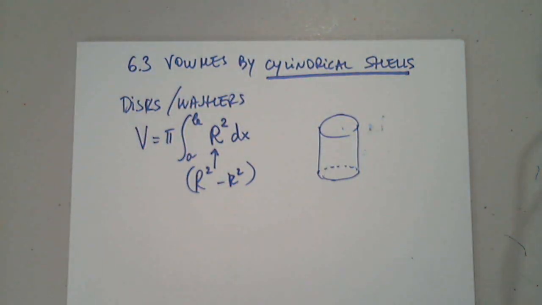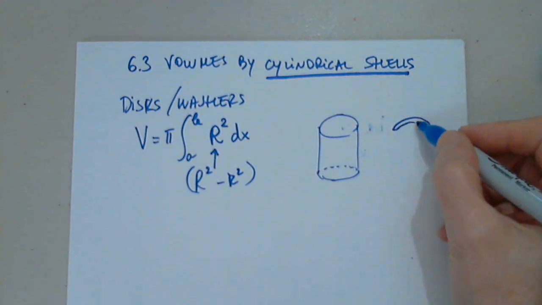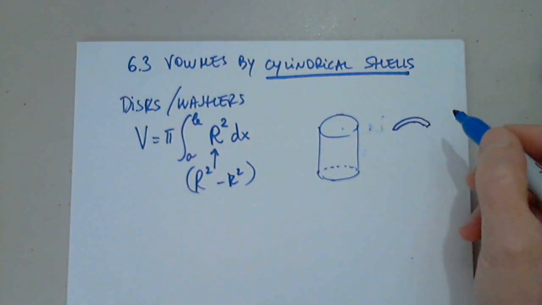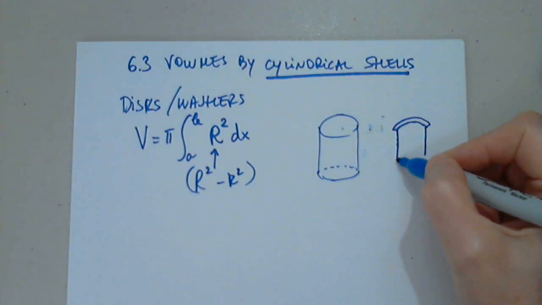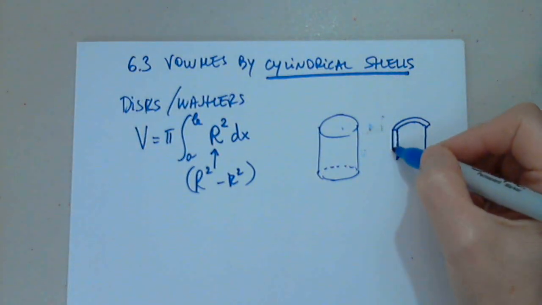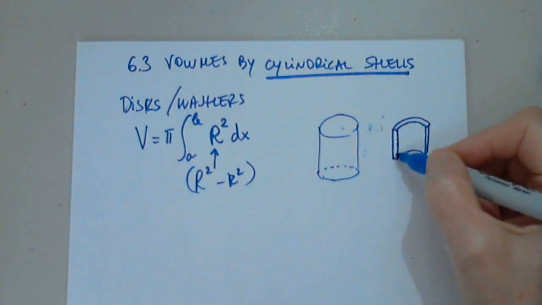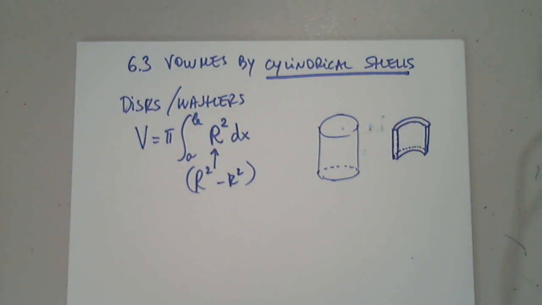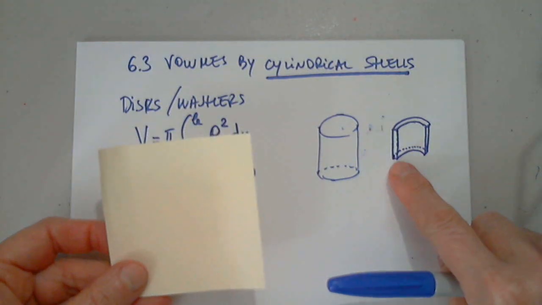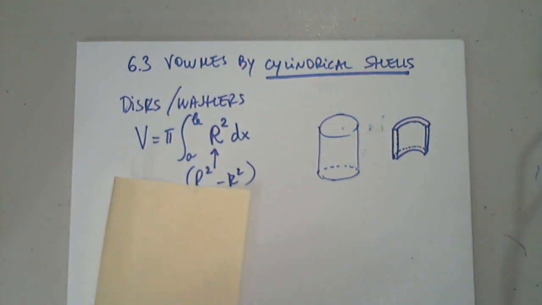So if we want to represent one shell here, let's say, it will be something like this. So this is what I'm showing with this piece of paper. So this is this length, which will be 2 pi r.